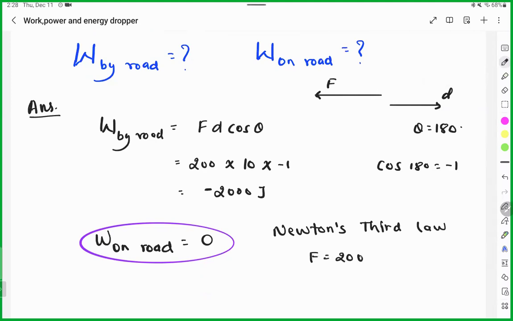But when you see work done on the road, the road is not moving. The cycle was moving, that's why there is some work done. But the road is not moving. In this case, displacement is 0, and if displacement is 0, work done will be 0.